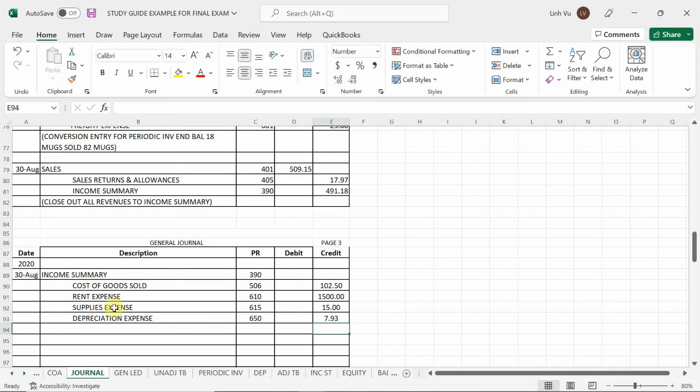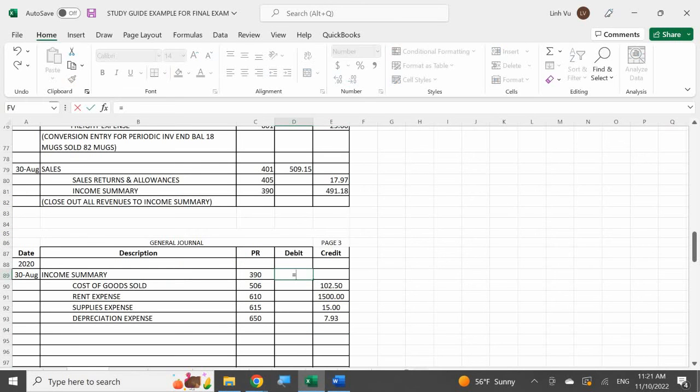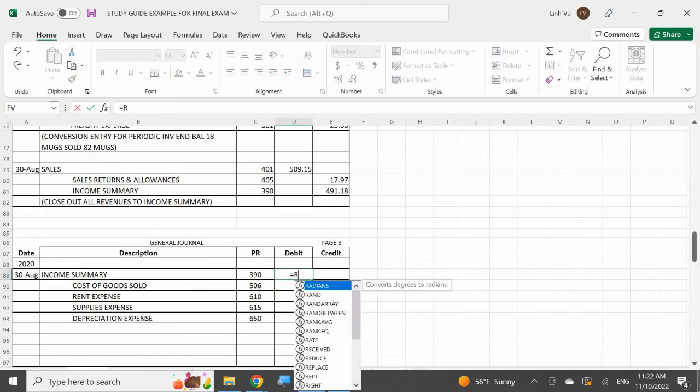So tally up your totals. How much are your total expenses, or in this case, how much are you going to debit your income summary for? $1,625.43.